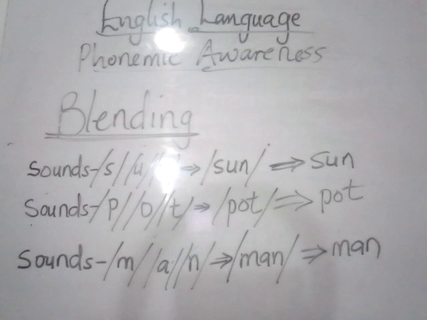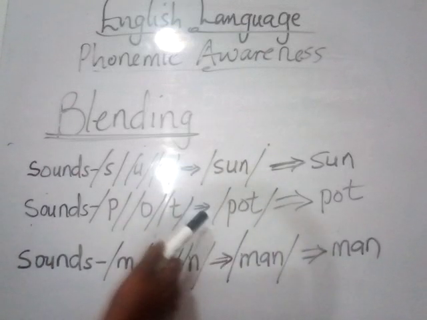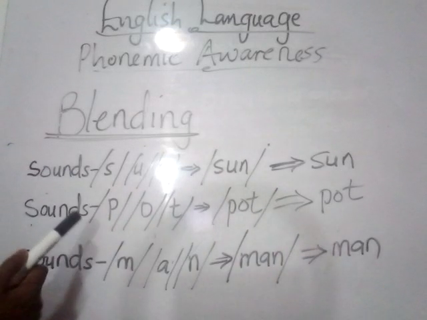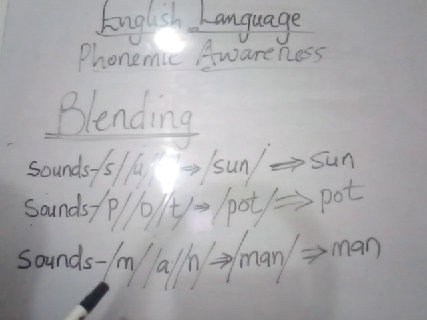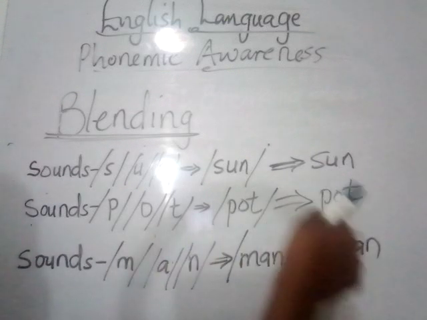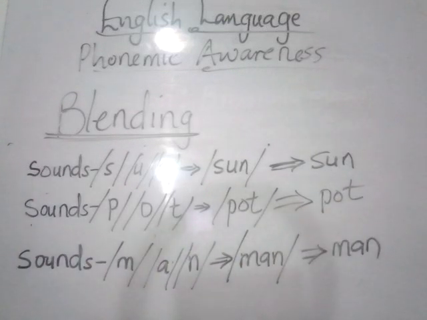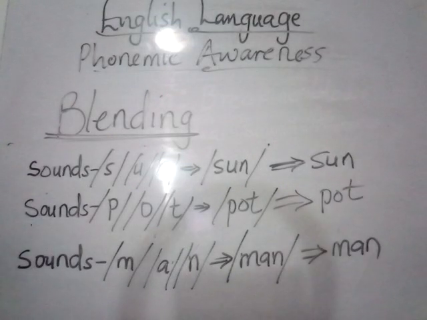Okay, we're not spending much time on blending, because we have already looked at segmentation, how a word is broken down to get the individual sounds, and blending, like we have already seen, is simply the opposite of segmentation. It means putting together individual sounds to form a word. This is a very vital aspect of learning how to pronounce words and how to sound. I'm not giving many examples because I do not see the need for us to do more.